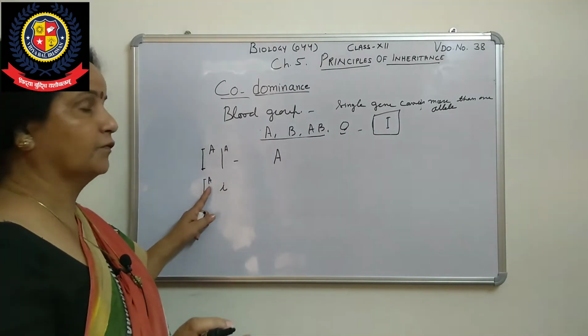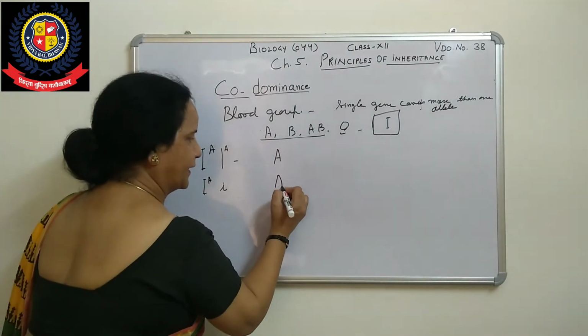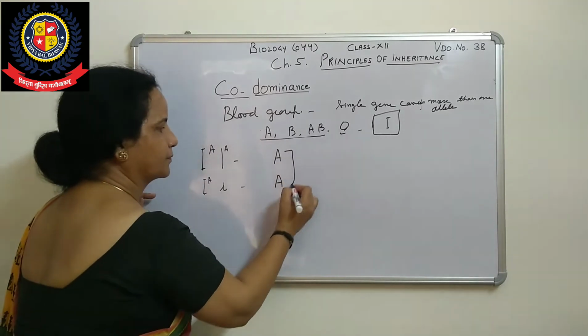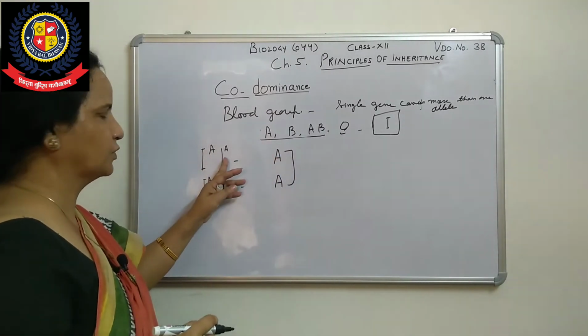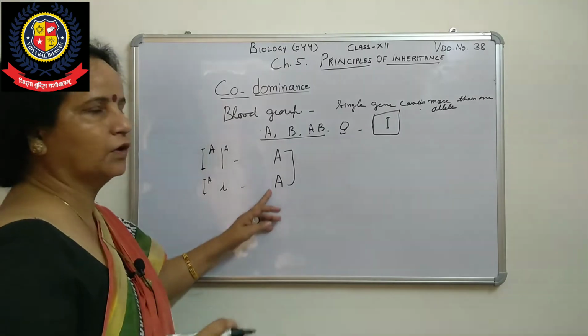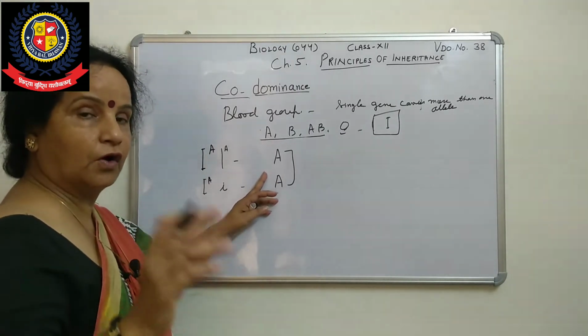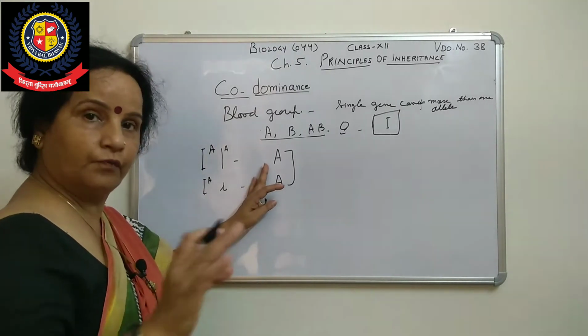So here we again have blood group A, which means in both homozygous and heterozygous we have dominance. Here Mendel's law of dominance fits.